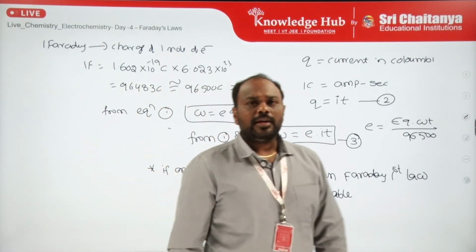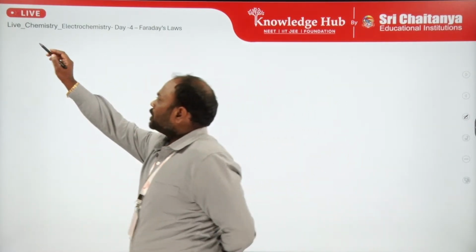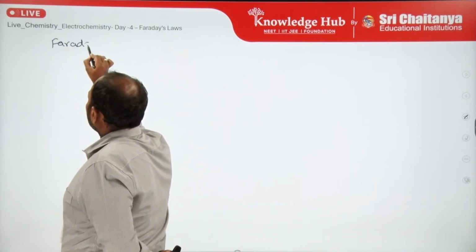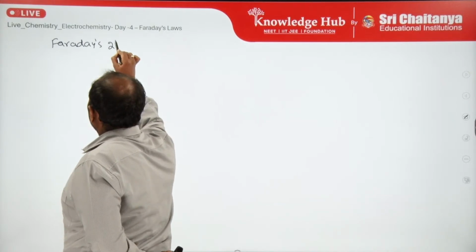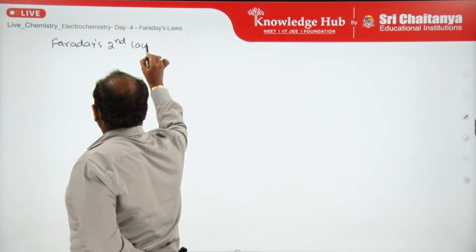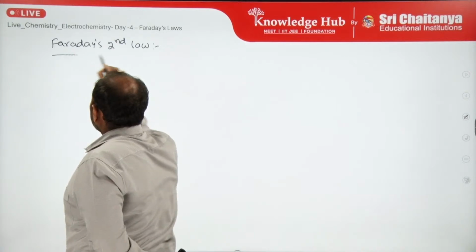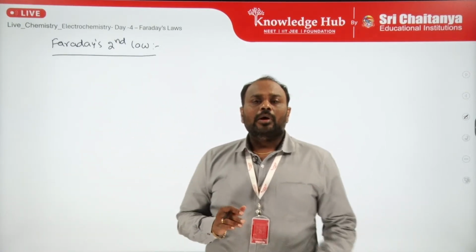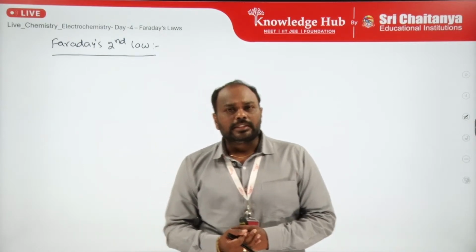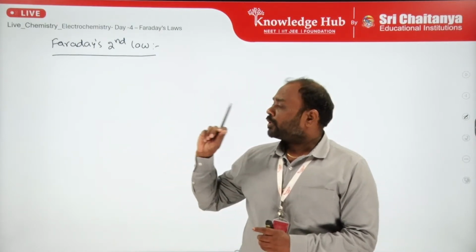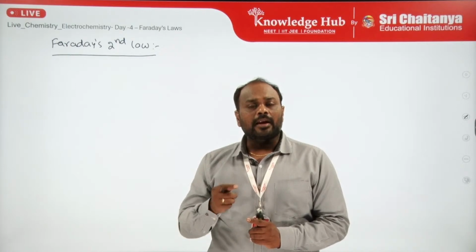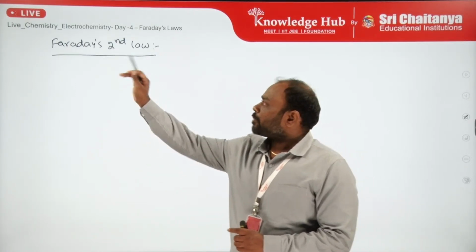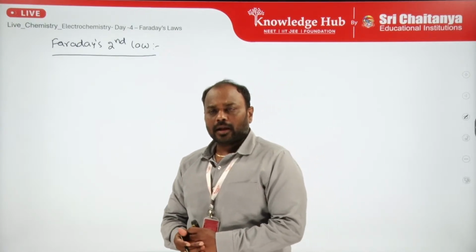Now see the Faraday's second law. At which condition is Faraday's second law applicable? What is the condition for applying Faraday's second law? If more than one electrolytic cell is given and they are connected in series, then we apply Faraday's second law.